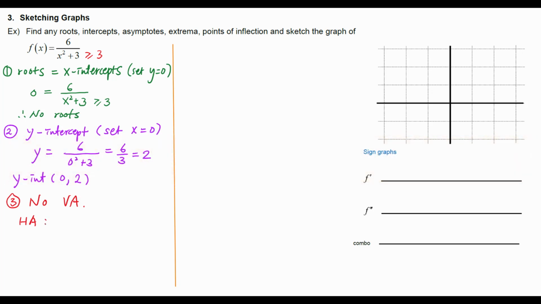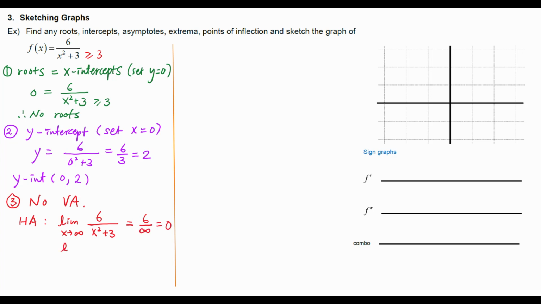And how do you get the horizontal asymptote? We check the limit as x approaches infinity of your function, 6 over x squared plus 3. And because I do not get infinity over infinity, you can go ahead and substitute infinity for x. If you do, you will get 6 over infinity, which goes to 0.